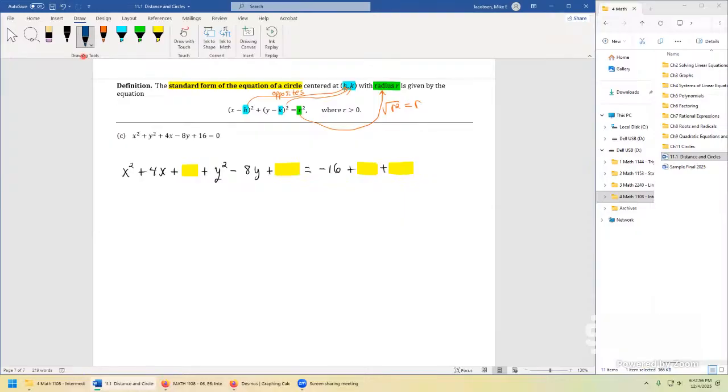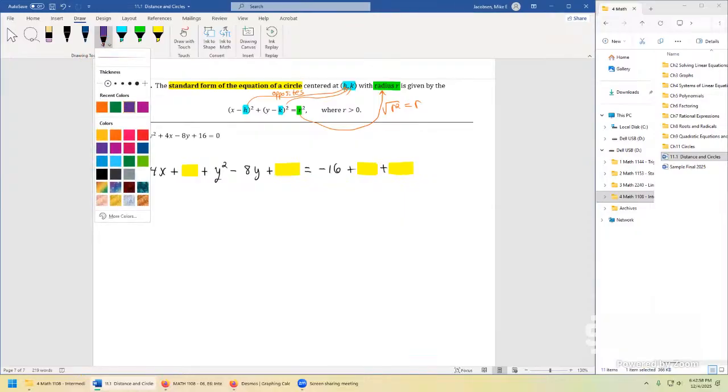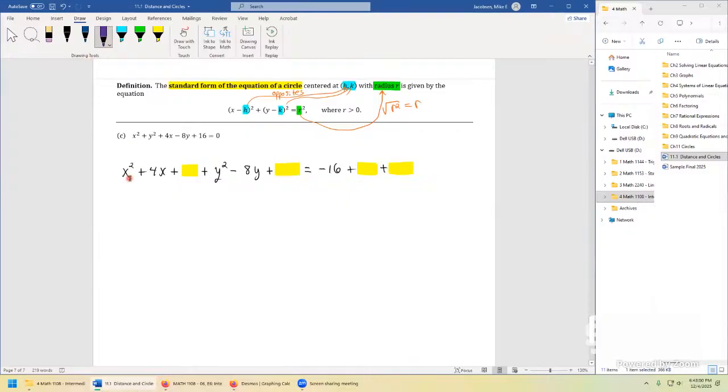Now we have to complete the square twice like we were mentioning. But it doesn't matter what the variable is, it's the same kind of idea. You take the b coefficient, you divide it by 2, and you square it. To get the right b coefficient, the leading term has to be a 1, so we're automatically meeting that condition. And the b coefficient here is a 4. So we're taking 4 divided by 2 and squaring it.